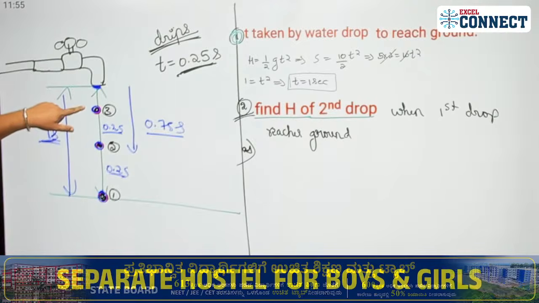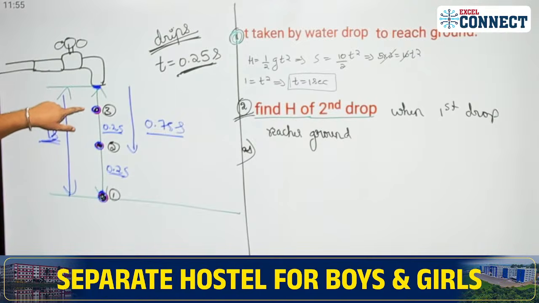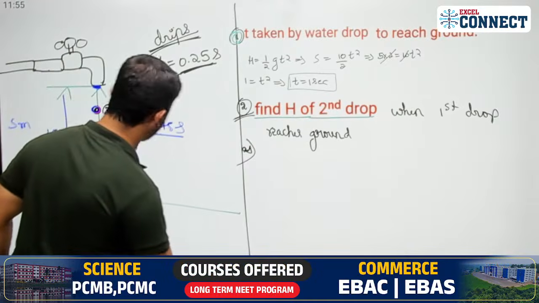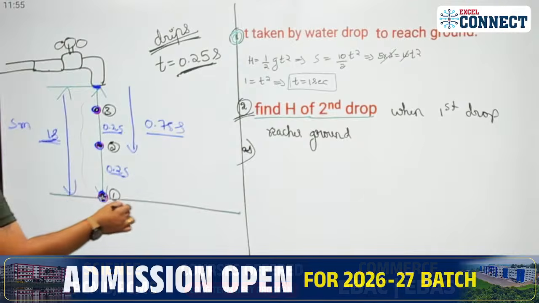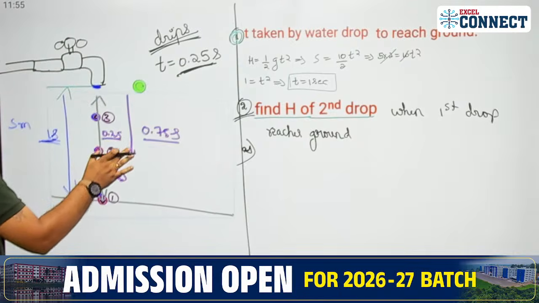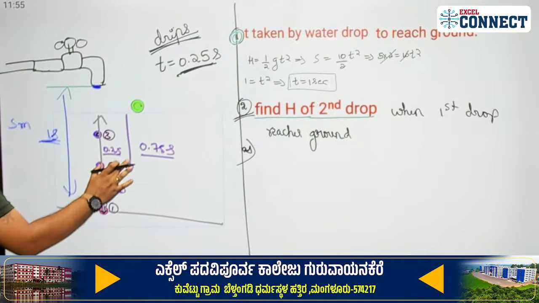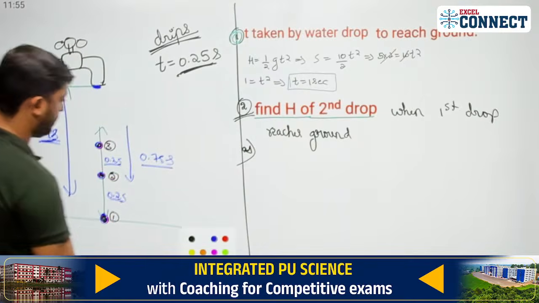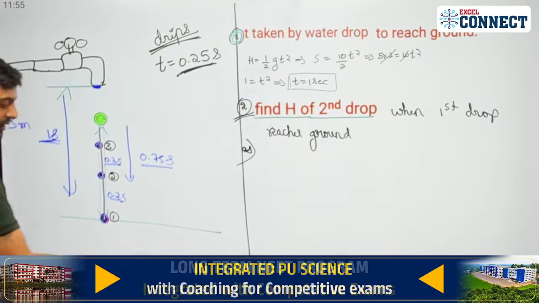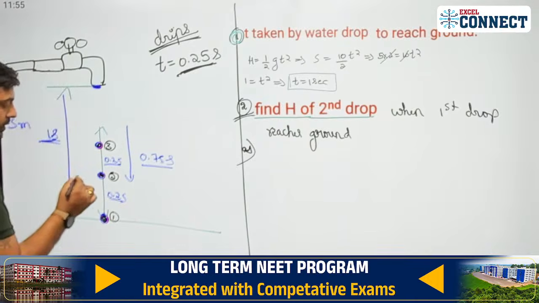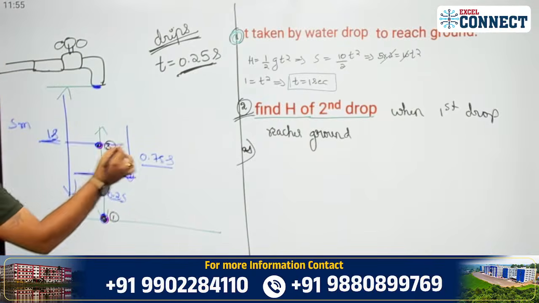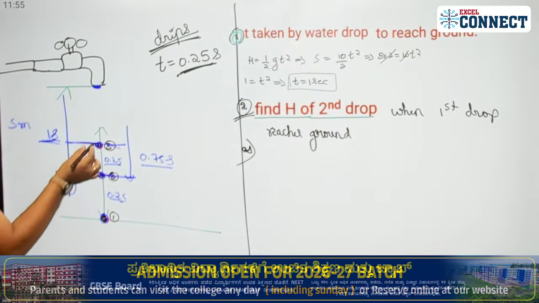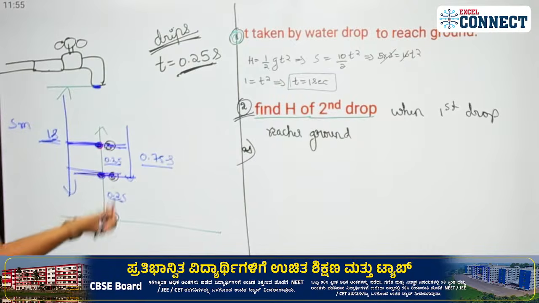Then I have a third drop. What is the time taken by this? 0.5 second? Okay. There is a gap here. Gap between first drop and second drop is 0.25 second. Gap between second drop and third drop is again 0.25 second.